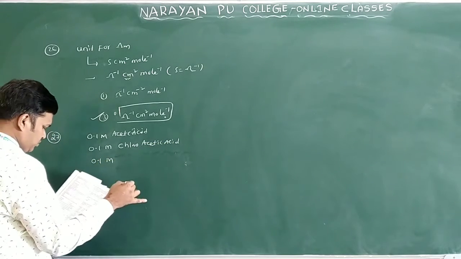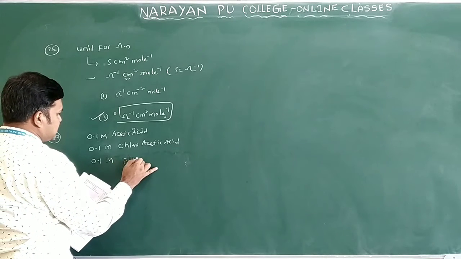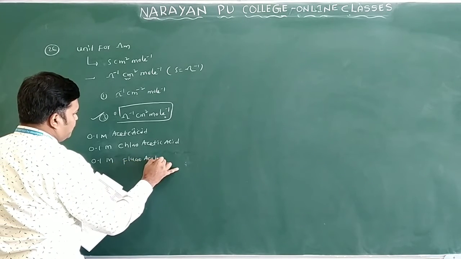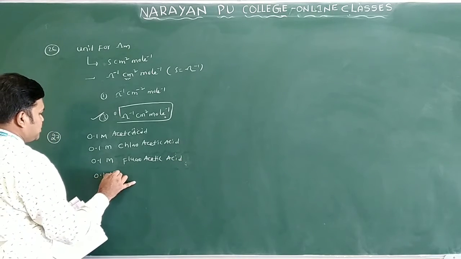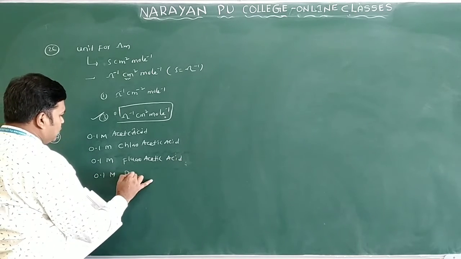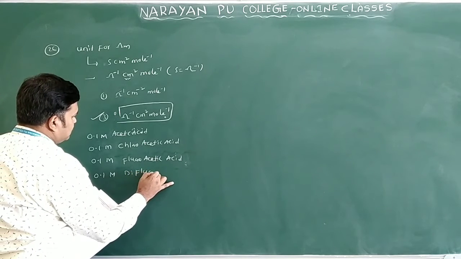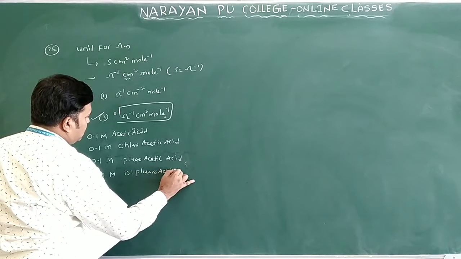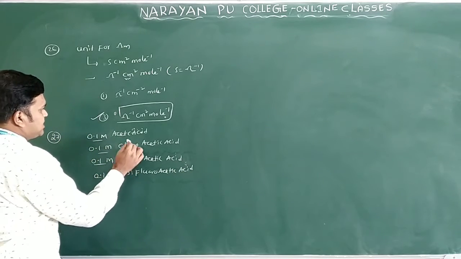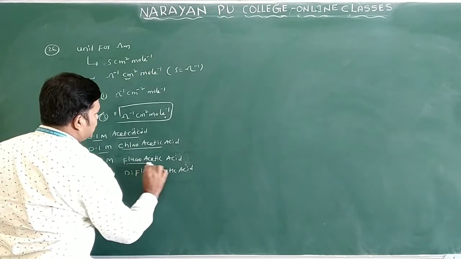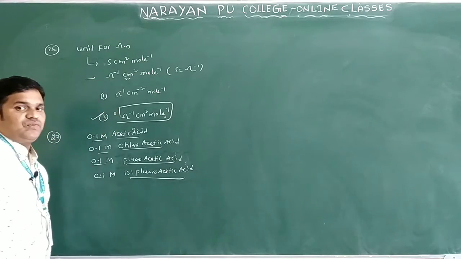Next is 0.1 molar fluoroacetic acid. Last one 0.1 molar difluoroacetic acid. So concentration is same, but you can see here acetic acid, chloroacetic acid, fluoroacetic acid, difluoroacetic acid.